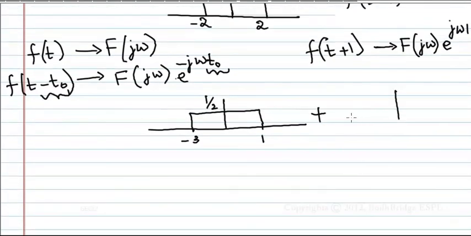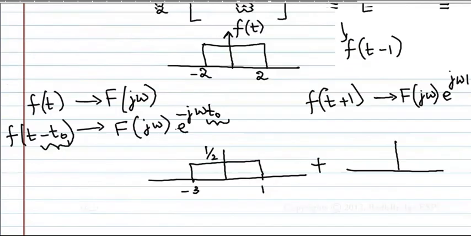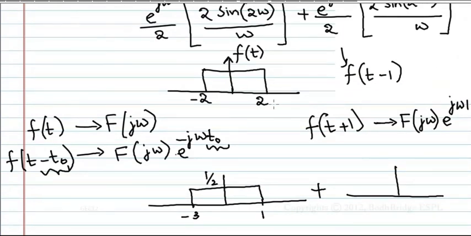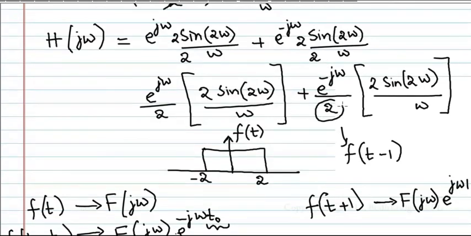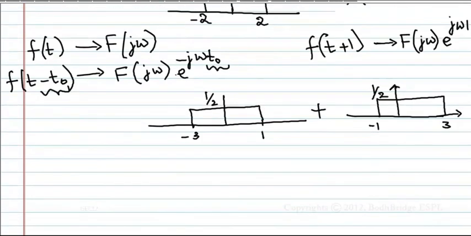Therefore I can draw this here. F of t minus 1 means it is going in the other direction. That is minus 2 goes to minus 1 and 2 goes to 3. And because of the 1 by 2 term, you are getting magnitude as this one.